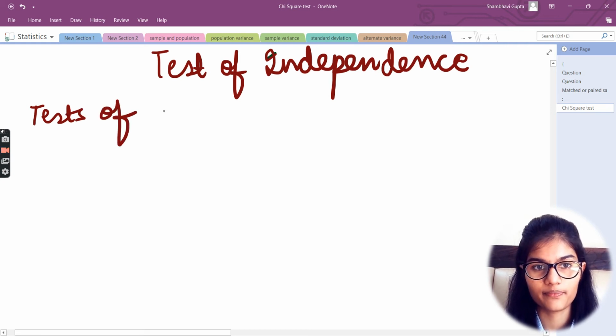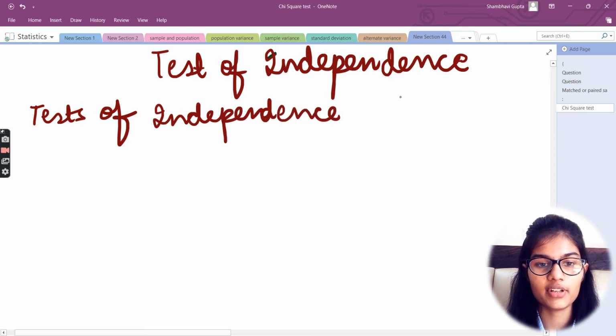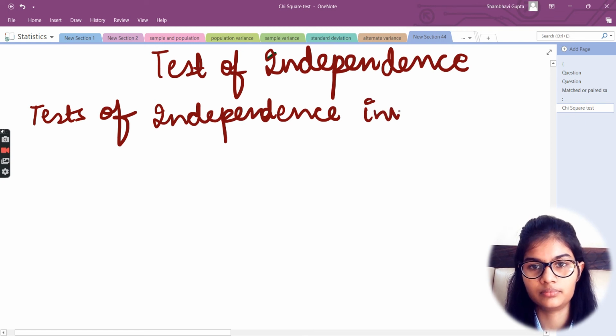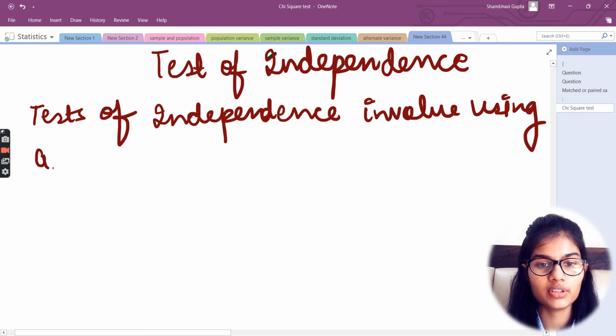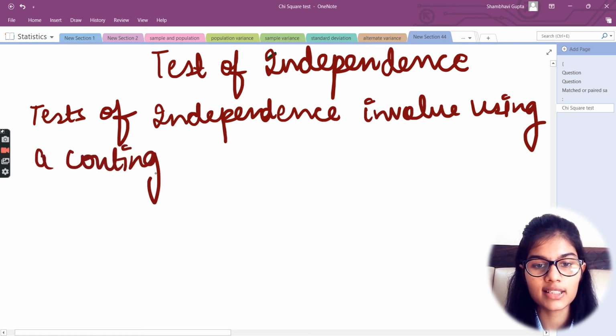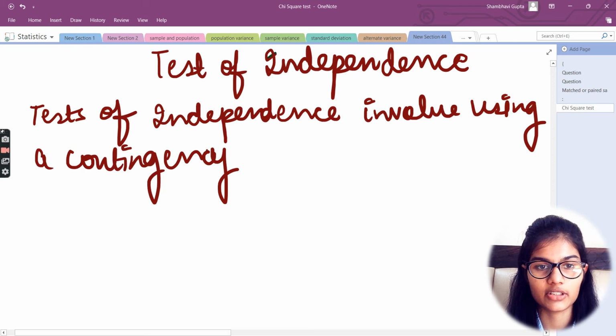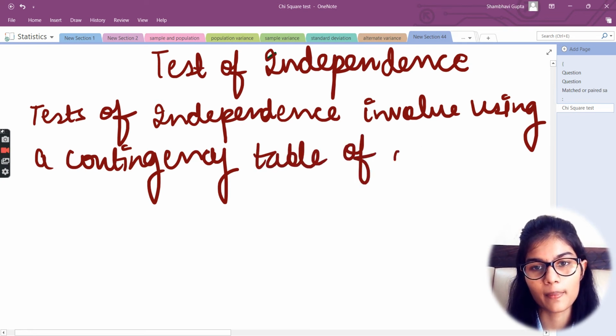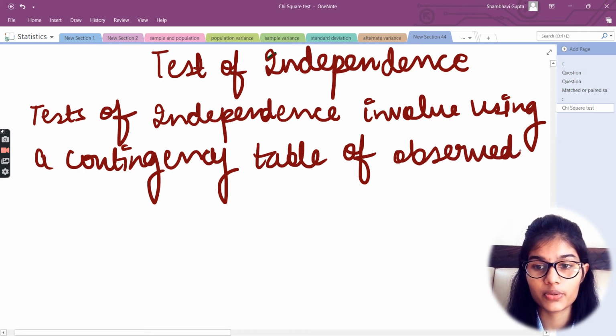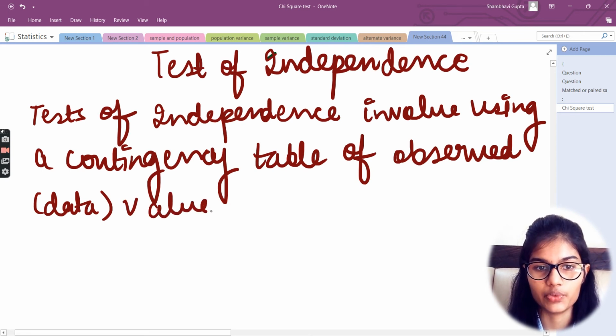So the test of independence involves using a contingency table of observed data, and here go the values.